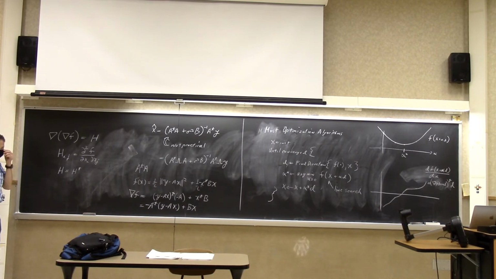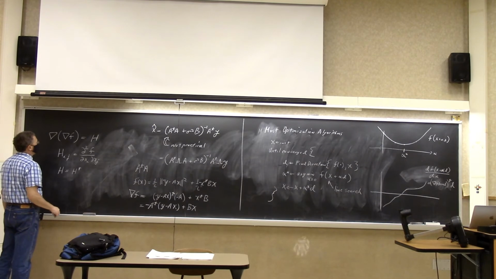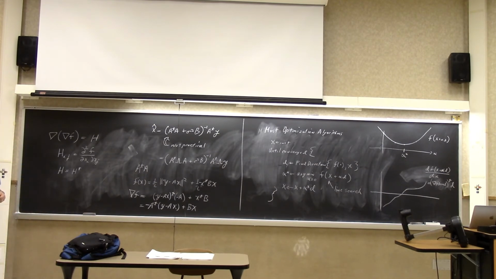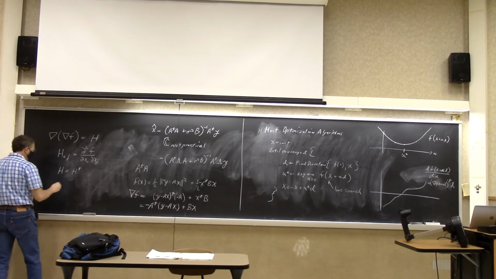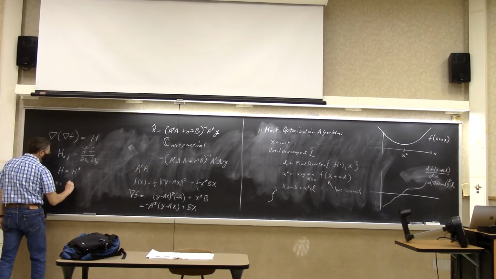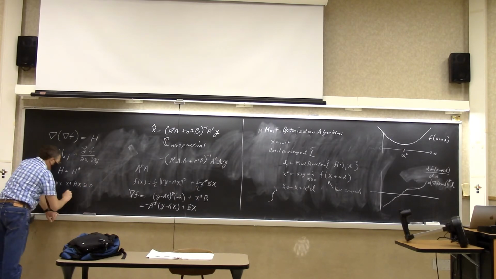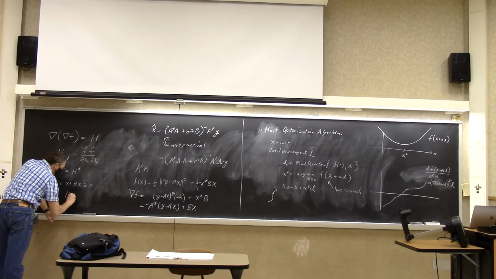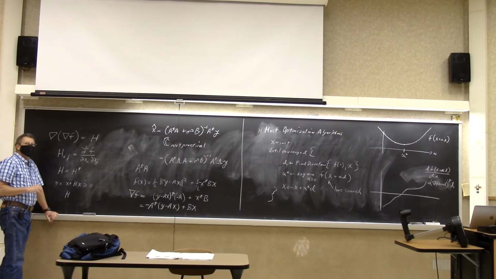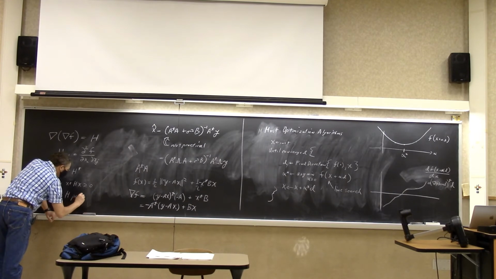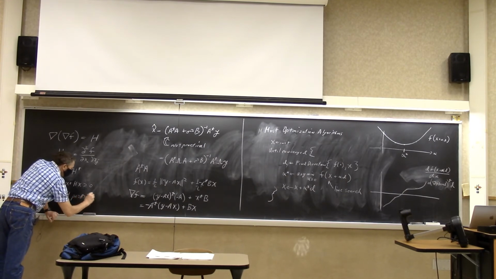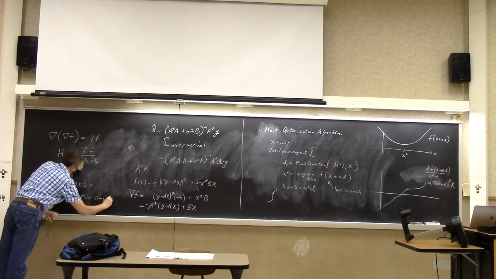And so the idea of a convex function is that the second derivative is positive, which means that, I'm not even going to try to prove it, for all x, x transpose Hx is greater than or equal to 0, okay? Which means that H is positive definite, or positive semi-definite.